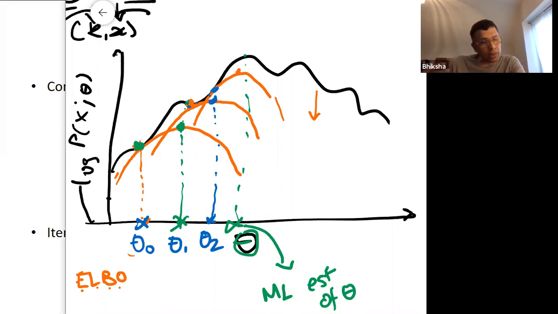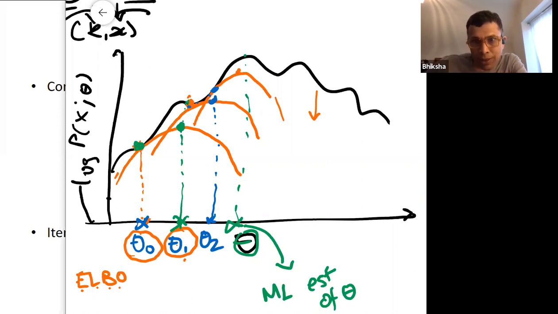So if I keep repeating this process, where I make my elbow function touch the log likelihood function at a point of my choice, and then maximize the elbow, then redraw the elbow to touch the log likelihood function at this maximum, then maximize that, I'm guaranteed that at each step, the log likelihood of my data at the new estimate is definitely greater than or equal to the log likelihood at the previous estimate.